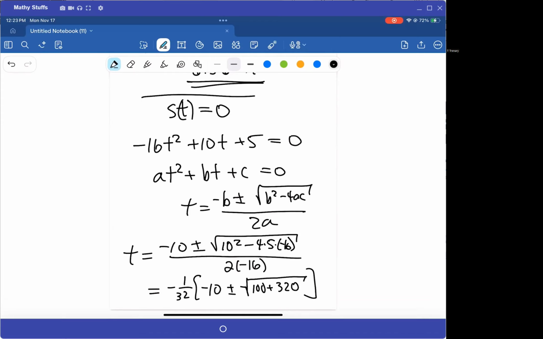So the square root of 420. And you can see here that the minus root is going to give us the negative answer. So I'm just going to do the plus version on that. So we've got 420, going to square root that, and then I'm going to subtract off 10.